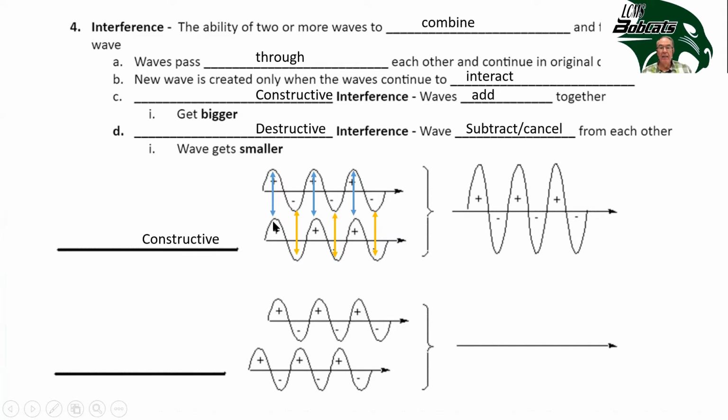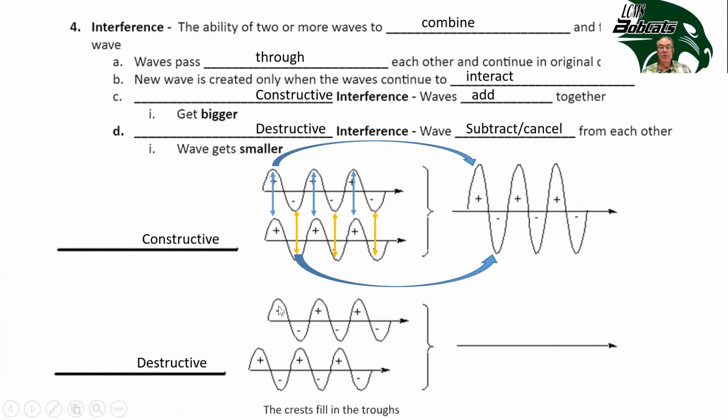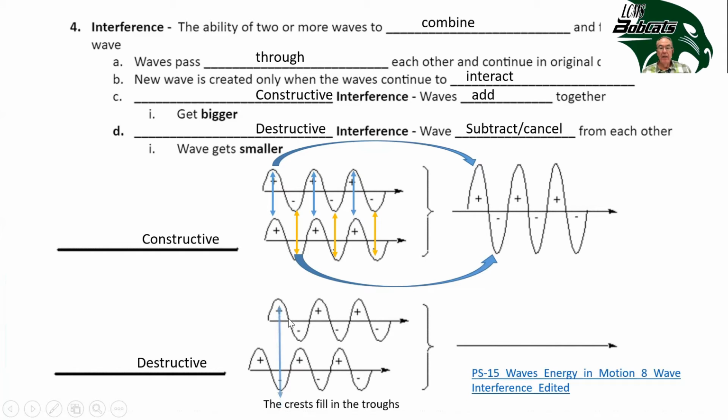Okay. On the other case, instead of the crests lining up with crests and the troughs with troughs, they're lining up so that they're exactly the opposite. The crests fill in the troughs. Okay, so what's happening is this crest is lined up with this trough.